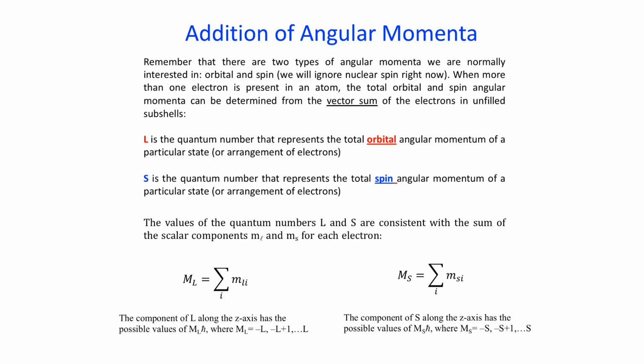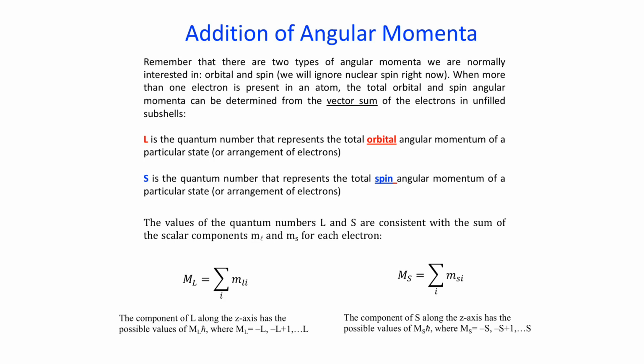When you're talking about multi-electron systems, we switch to the capital designation. So we get our capital M sub L's, capital L, capital S, capital M sub S. That just indicates that you're working with more than one electron.